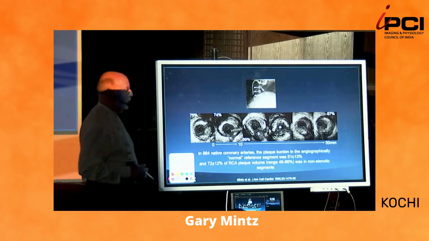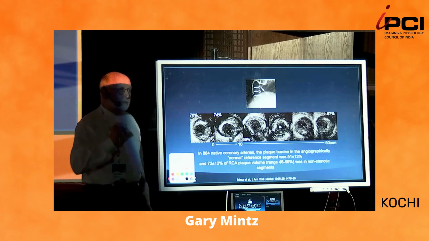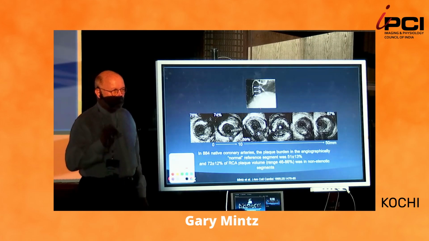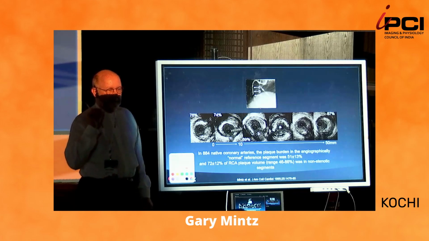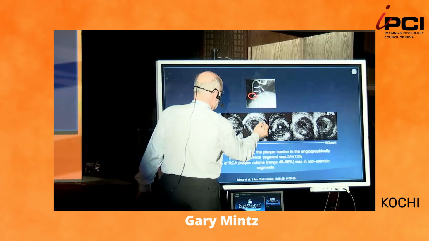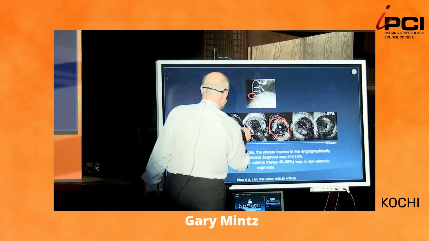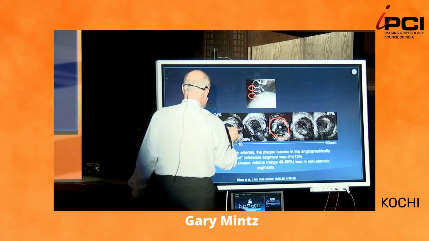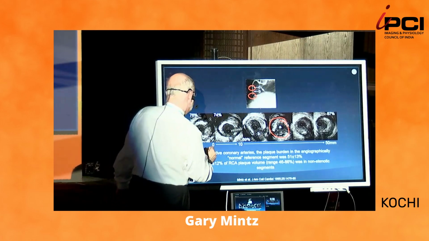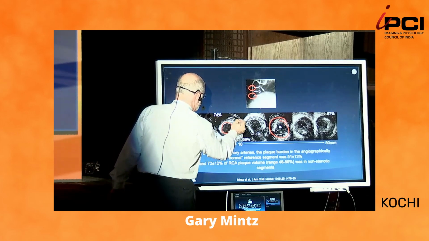These are some examples. Why is that important? It's important because 75% of the plaque in the coronary arteries is angiographically silent. So here's a lesion in the right. Here's the lesion here, and look here. Where is C? C is right here. This is the lumen. This is the adventitia.